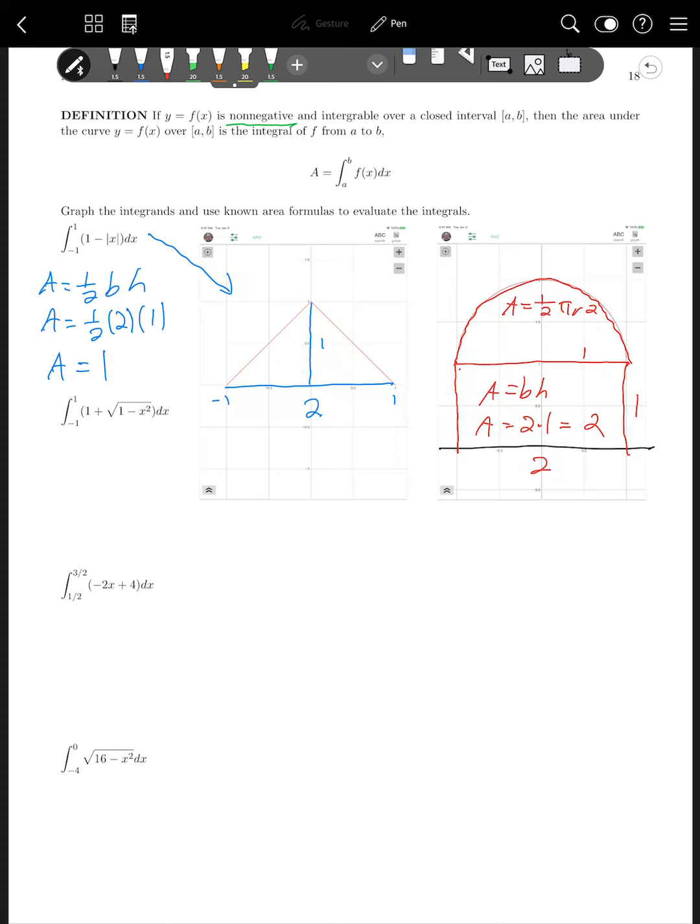So in this case, that'd be area equals 1/2 pi 1 squared. And so the area of this piece is just going to be pi over 2. Add those two together, and you get an area of 2 plus pi over 2. Okay? And so that's the idea.